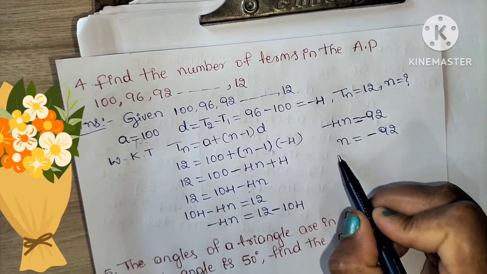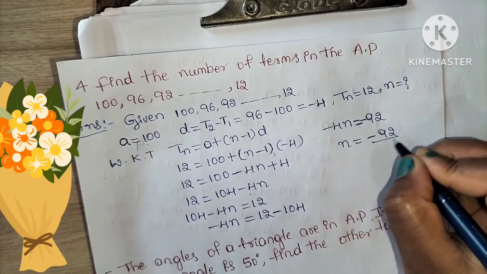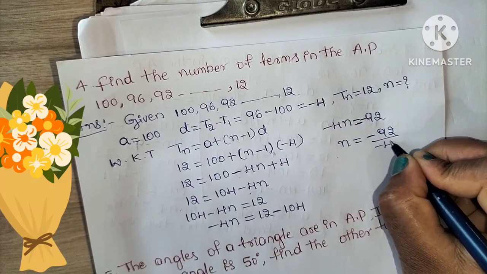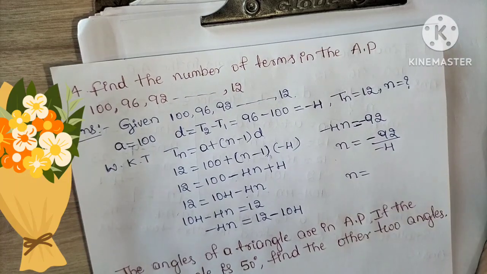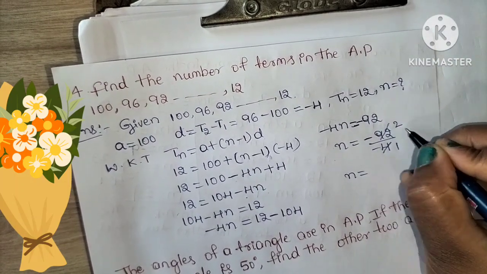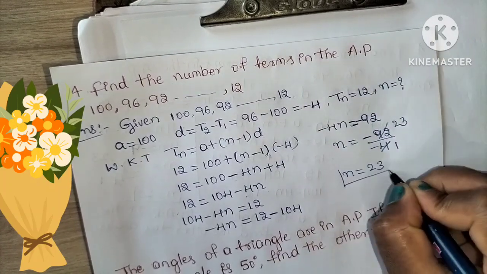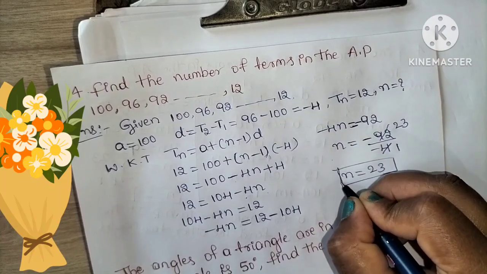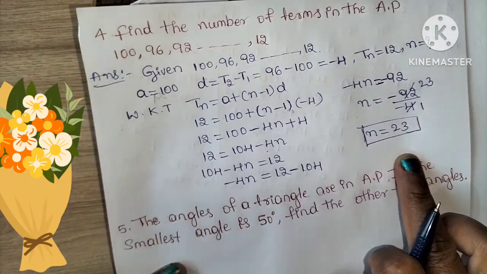Send this minus 4 from LHS to RHS side, it becomes divided by minus 4. So n is equal to minus divided by minus, we will get plus only. 4 ones are 4, 4 twos are 8, 4 threes are 12, so 23. So the number of terms in the arithmetic progression is 23. The n value is equal to 23.